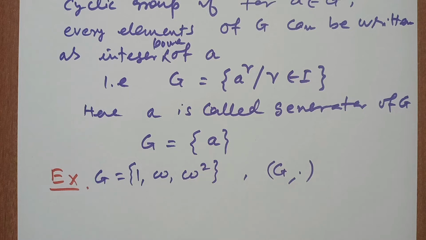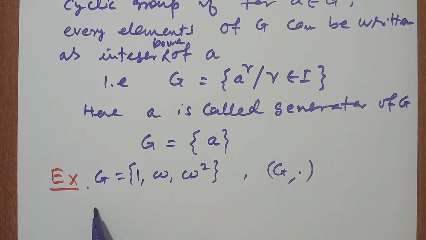Here I am going to explain how we will write. First you see 1. Each element of G cannot be written as an integer power of 1, because 1 to the power 1 is equal to 1, and ω and ω² we cannot write as integer powers of 1.